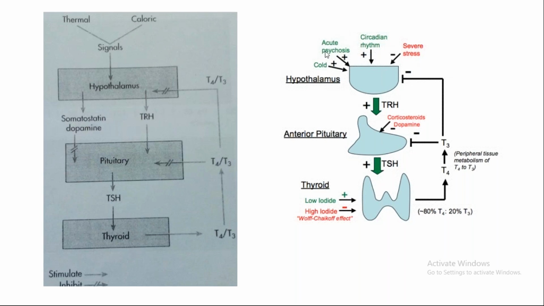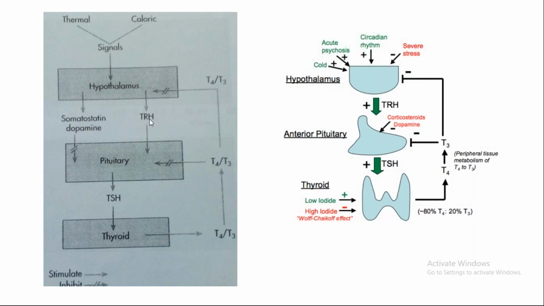So these are the positive effects on the hypothalamic neurons, and stress is the negative effect on the hypothalamus. So ultimately, these two important factors are there. One is the thermal and one is the calorie. Calorie means nutrients which are required: the protein, fat, and carbohydrate, vitamins, and minerals. And thermal means the body temperature, internal temperature, and environmental external temperature. That will lead to the signal to the hypothalamus.